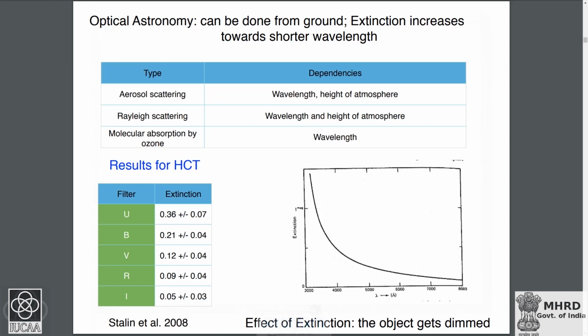As you see from the graph, as you go towards shorter and shorter wavelength, the extinction goes up very rapidly. The table on the left gives the measured extinction values for different pass bands for the 2-meter telescope site in Hanle. As you see, in the U band the extinction is larger compared to the I band filter.